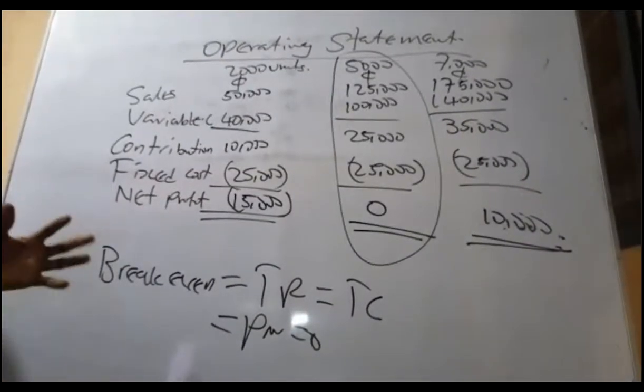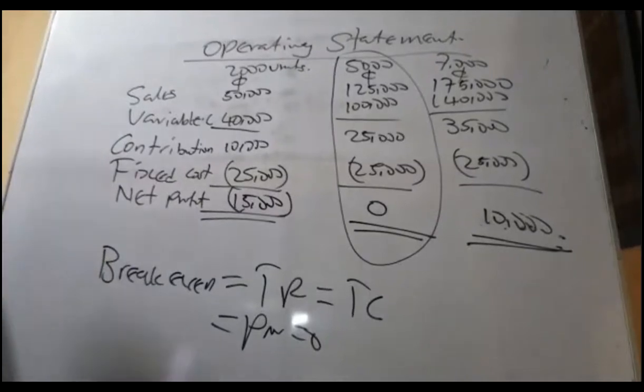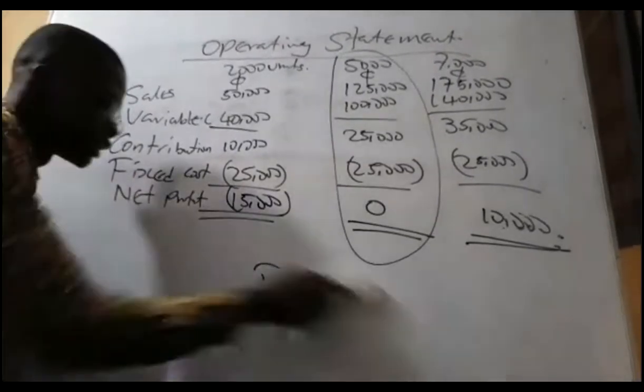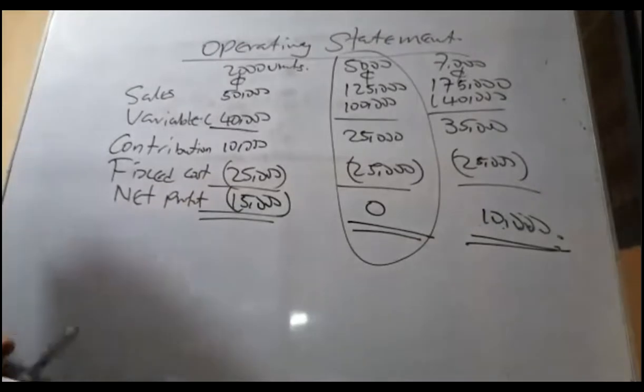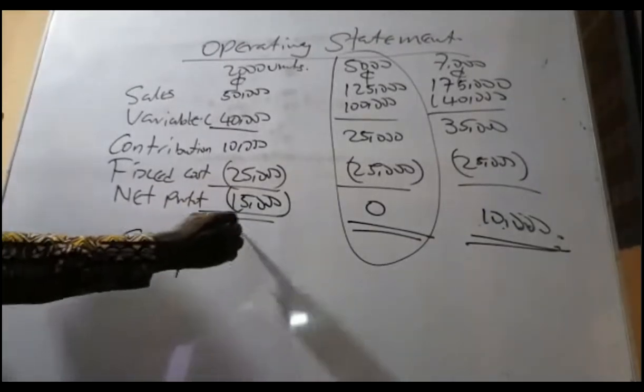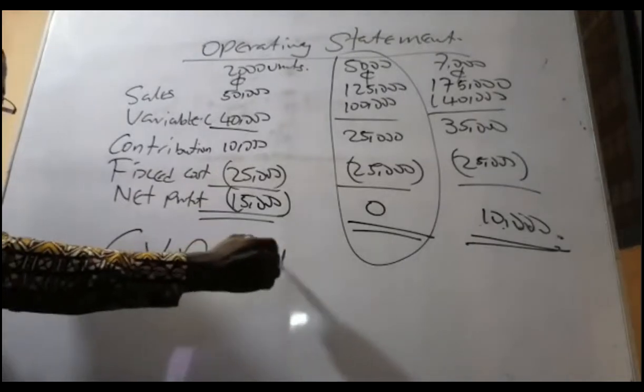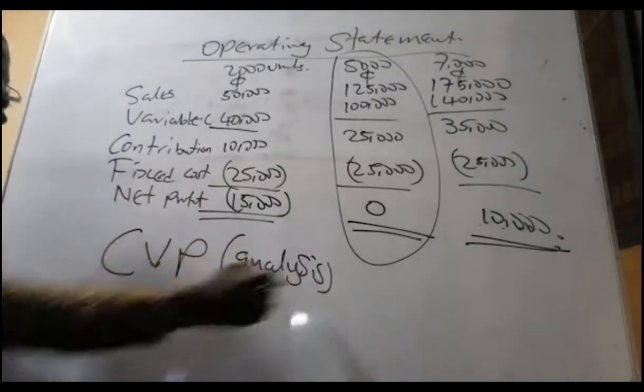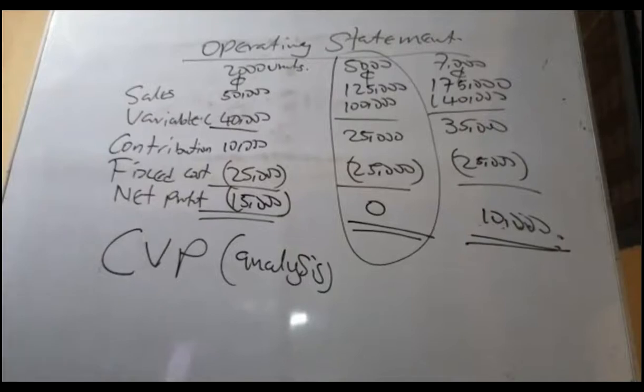Now, when you talk about cost volume profit analysis and break even analysis, when you talk about CVP analysis, here we are analyzing the changes in the volume. The word volume means output units in management accounting.